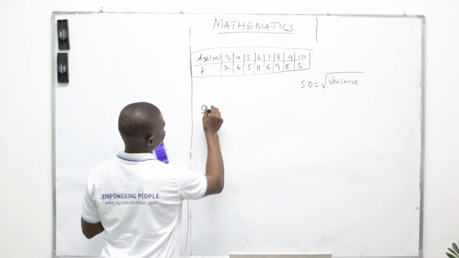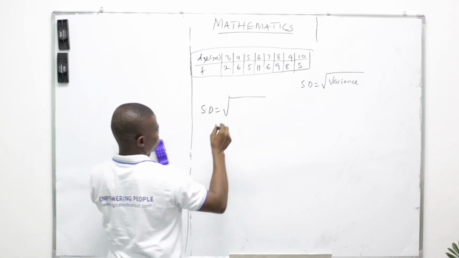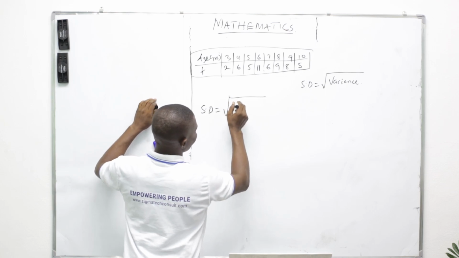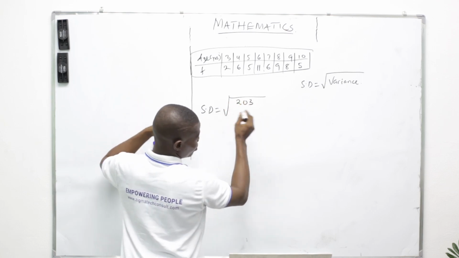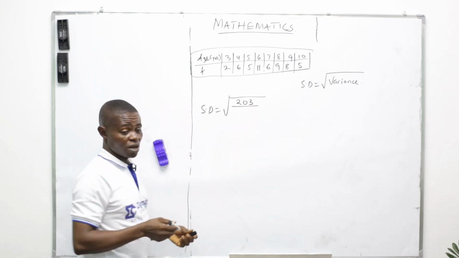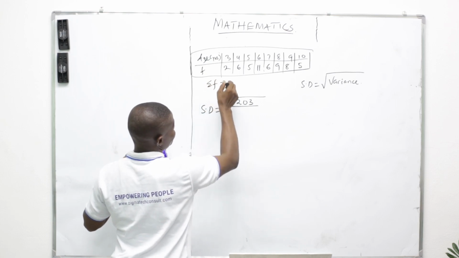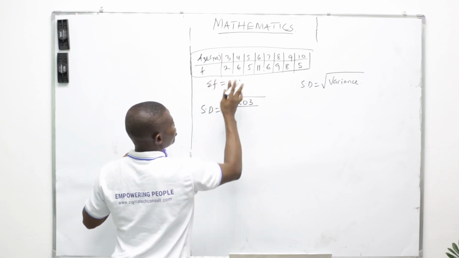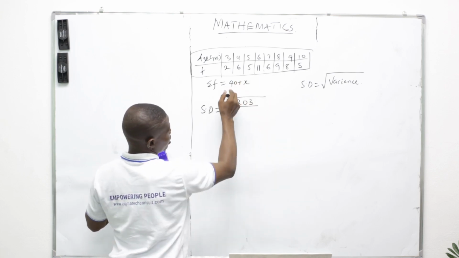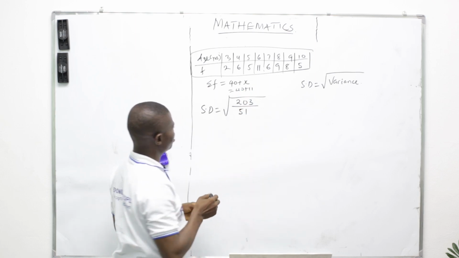Standard deviation SD equals the square root of variance, because what we concluded is just the variance. Square root of it, that is 203, which is summation f of x minus x bar all square, divided by summation f. Of course, recall that our summation f, when we were doing our mean, was 40 plus x. That is 40 plus 11, that's 51.